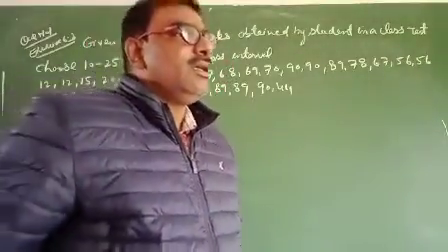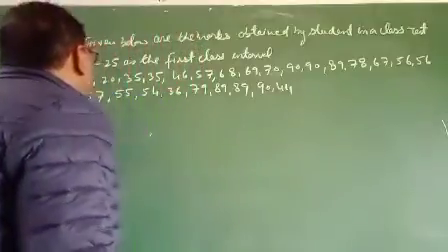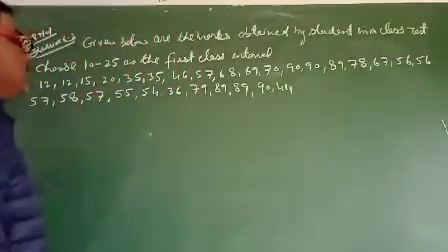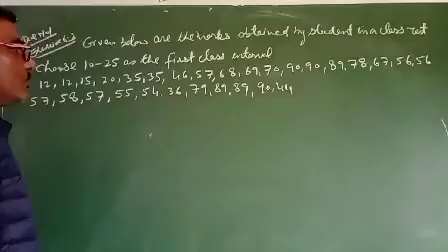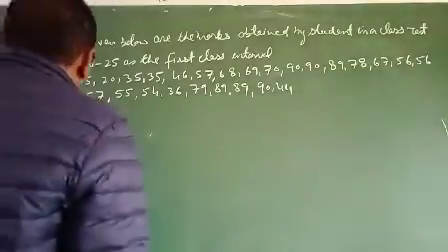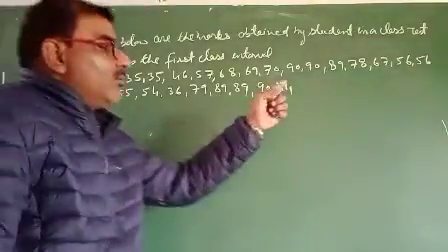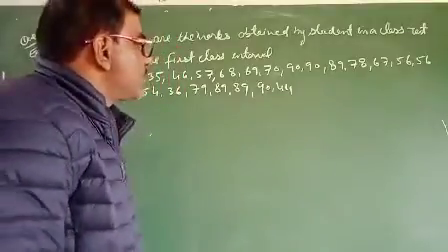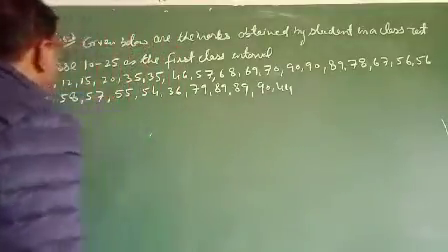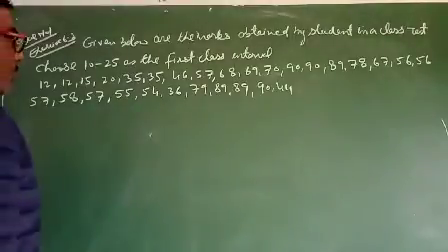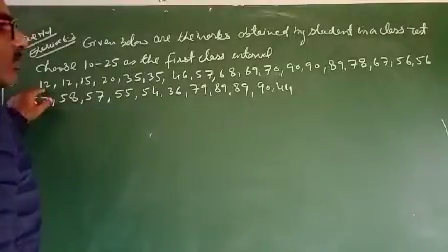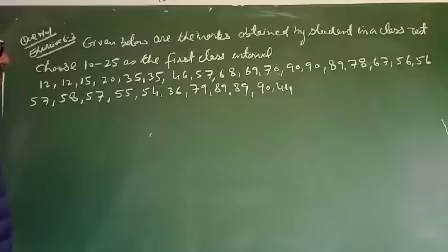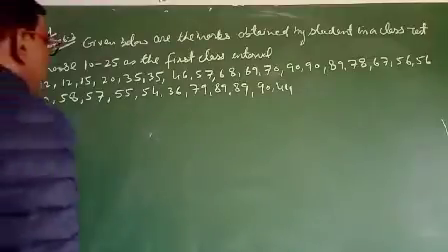As in the given question, we have to choose 10 to 25 as the first class interval. First of all, from this data we will find the lowest observation. Here we see that the lowest observation is 12, and the highest observation is 90.